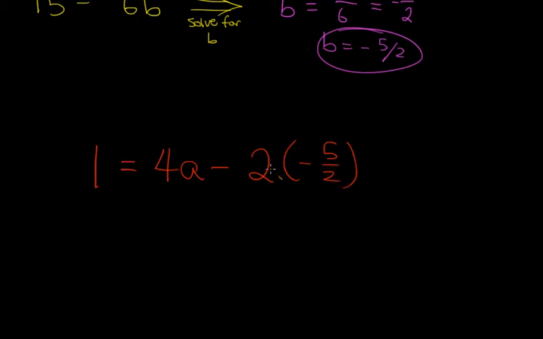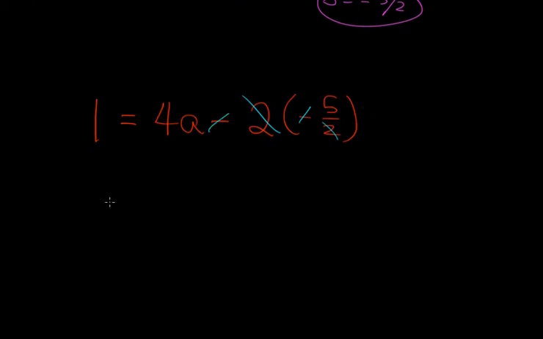These twos cancel out, the negatives cancel out, and you're left with 1 is equal to 4a plus 5. Then subtract 5 from both sides. You get negative 4 is equal to 4a. A is equal to negative 1. Confirming, yes.